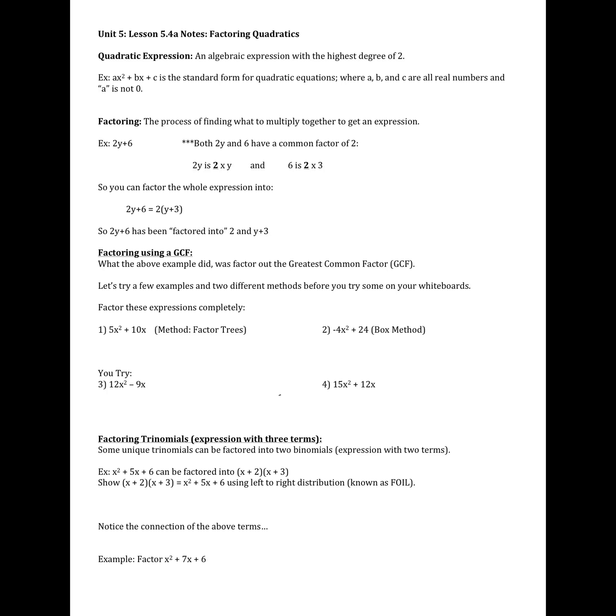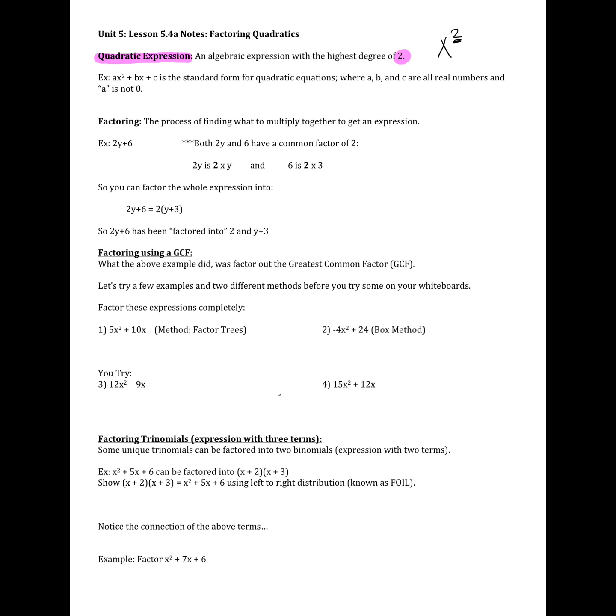First up, what is a quadratic expression? It is an algebraic expression that has the highest degree of 2. So anytime you see an x squared in your equation, and that is the highest degree, the number 2, we call this a quadratic equation.